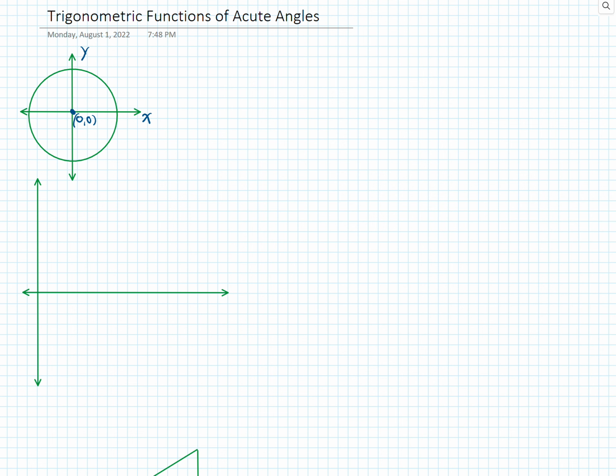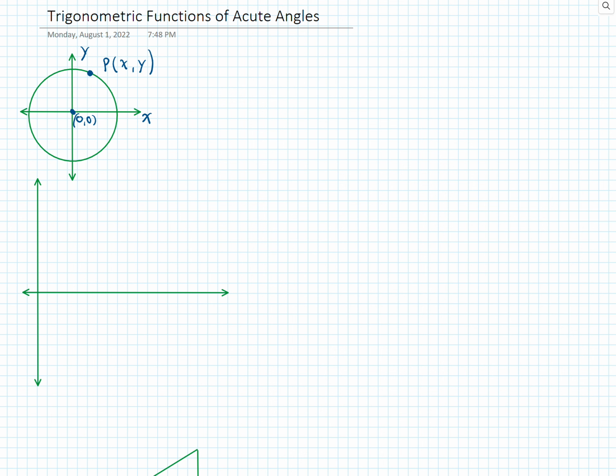And on that circle, I'm going to put a point somewhere on the circumference, and it doesn't really matter where on the circumference I put it. So I'm just going to put it right there in quadrant 1, and I don't know what that x and y value is for that point I just drew, so I'm just going to keep it very generic and say point P is at x, y, because we know that to be correct, right?